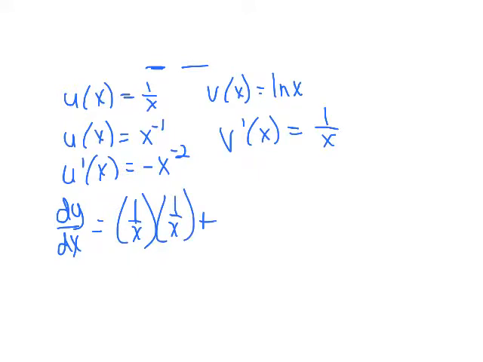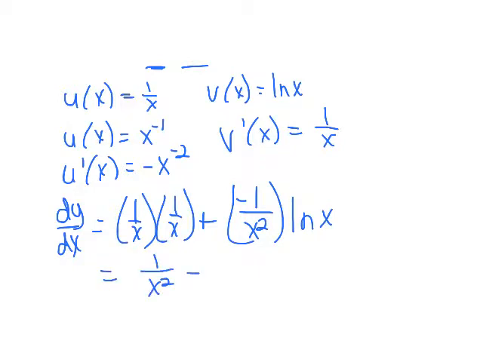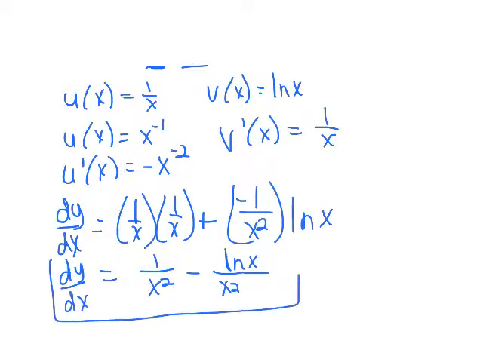If I wrote that with positive exponents, is going to be negative 1 over x squared times v, which is the natural log of x. So this is 1 over x squared minus 1 over x squared times the natural log of x. That's one way to represent this. You can combine terms. You could factor out a 1 over x squared if you wanted to keep going.